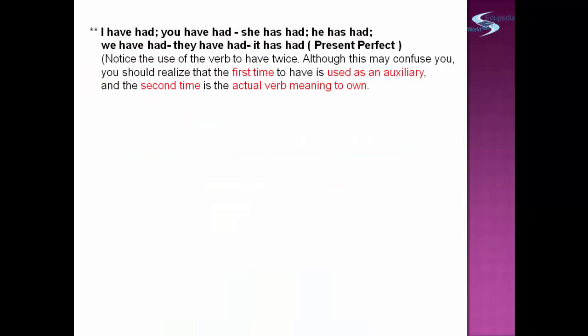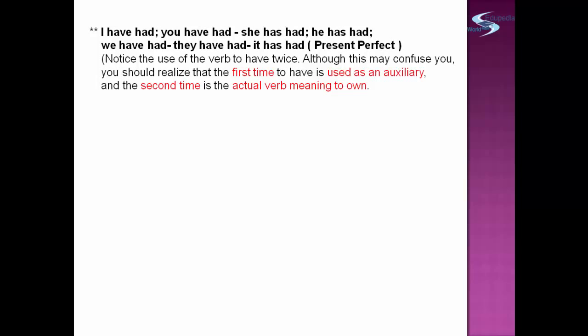I have had. You have had. She has had. He has had. We have had. They have had. It has had. This is in the present perfect tense. Notice that the verb to have is used twice.